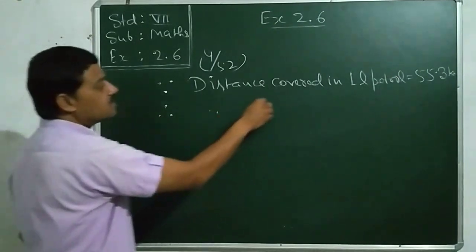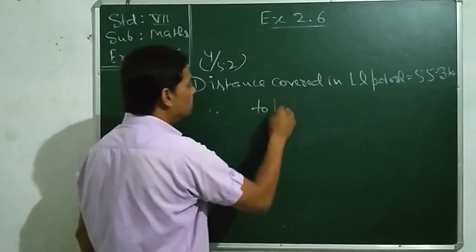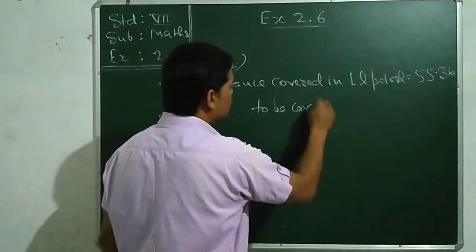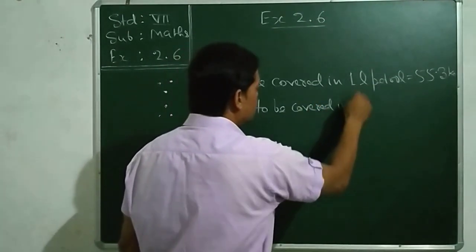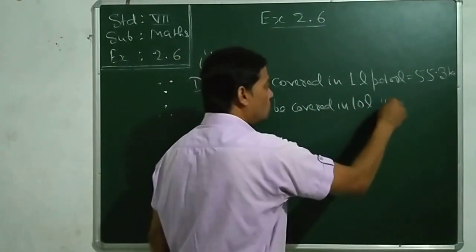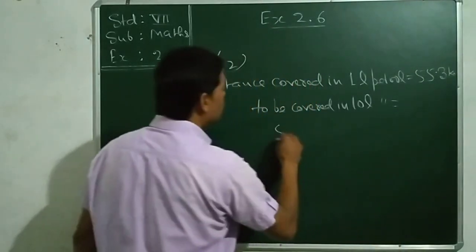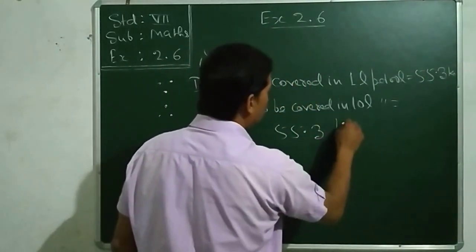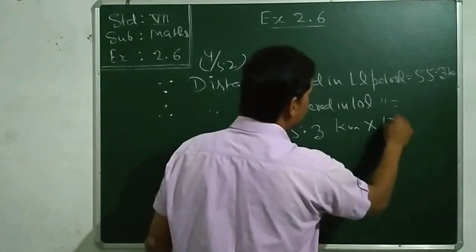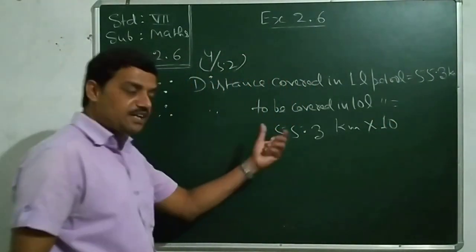Therefore, distance to be covered in 10 liters of petrol equals 55.3 kilometers into 10. Simply multiply it.